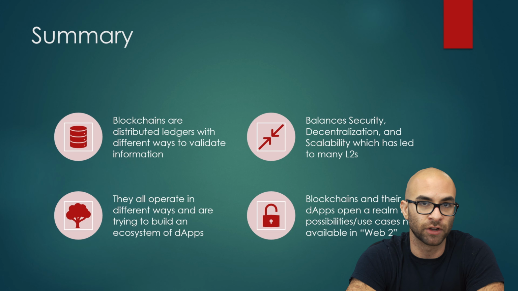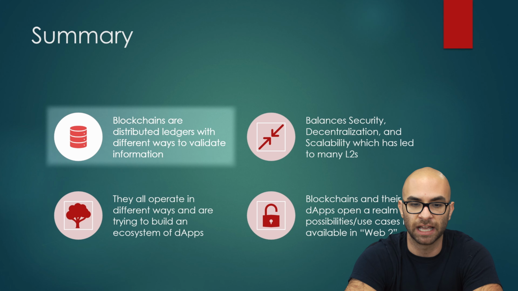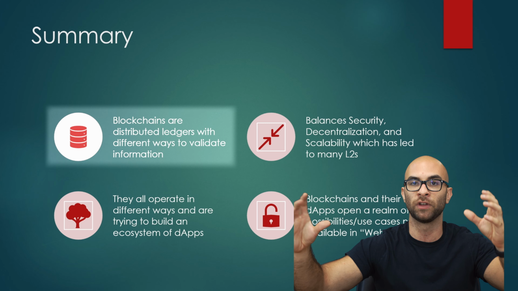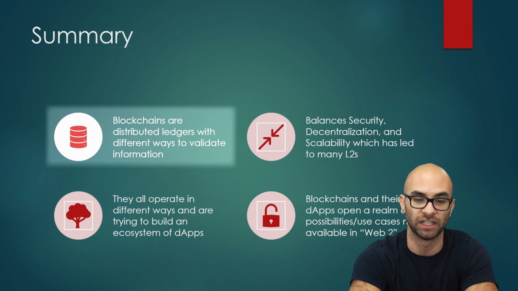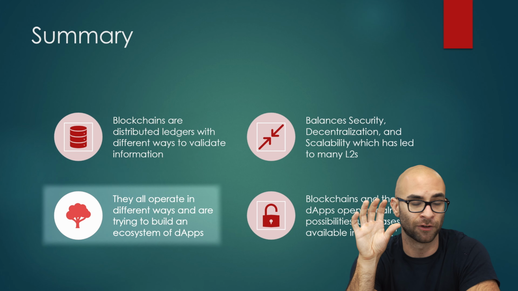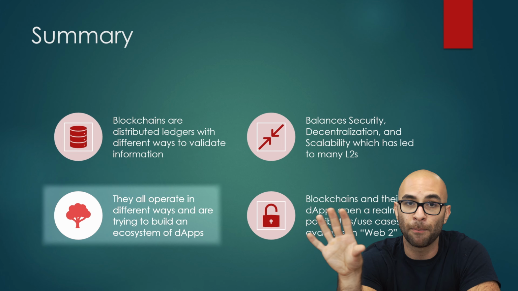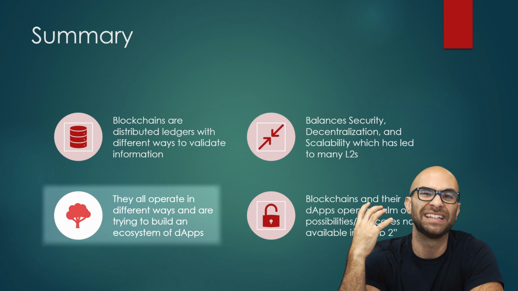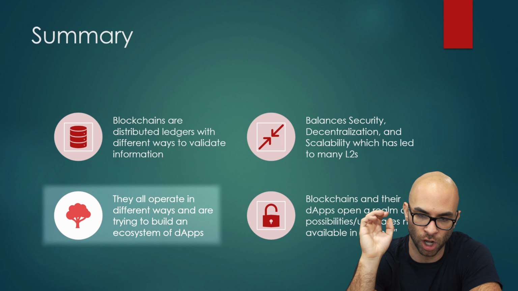So to kind of summarize everything I said, because this was a pretty in-depth video, blockchains are distributed ledgers with different ways to validate information. That's at its core. It's all about taking this digital money that's moving around and verifying that it's legit and putting it into blocks of data that anyone can look back at. All of these different blockchains operate in different ways, and almost like Apple or Samsung or Google, they're trying to have an ecosystem of decentralized applications built on top of them.